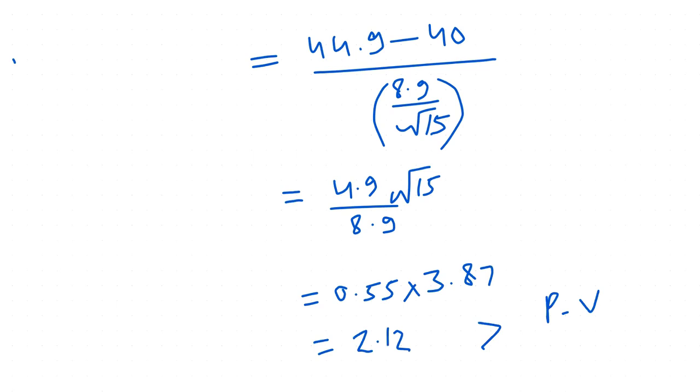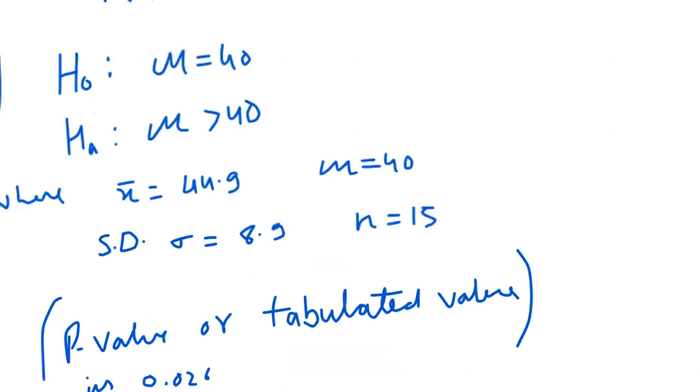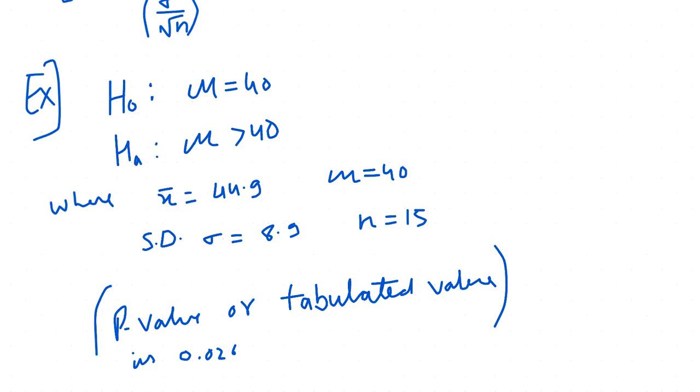So we reject the null hypothesis. Means the calculated value is greater than the tabulated value, so we reject our null hypothesis. The meaning is that the population mean is greater than 40, because the null hypothesis says population mean is equal to 40, but we reject it according to the result.